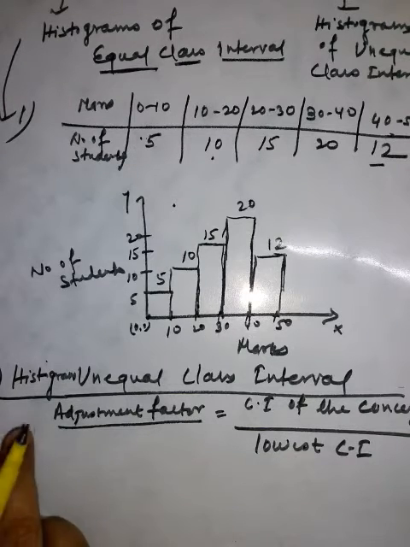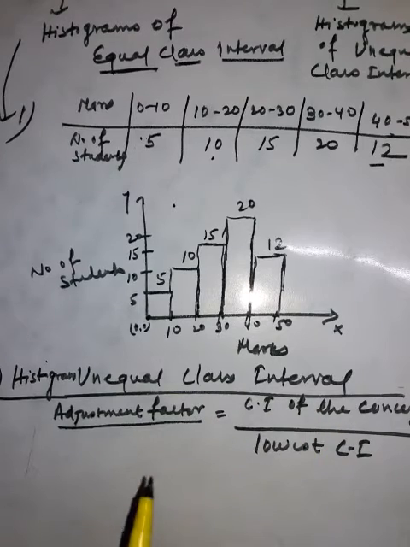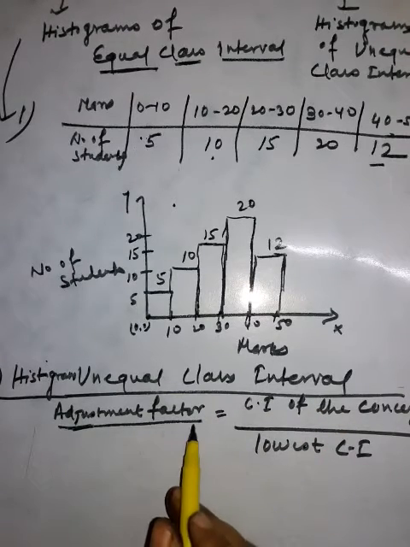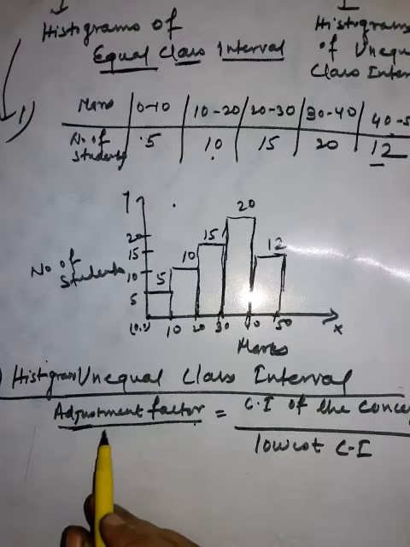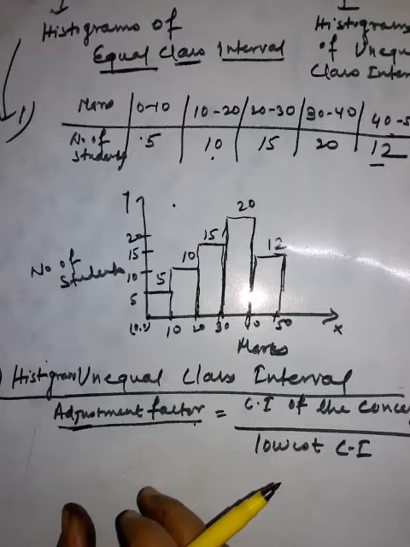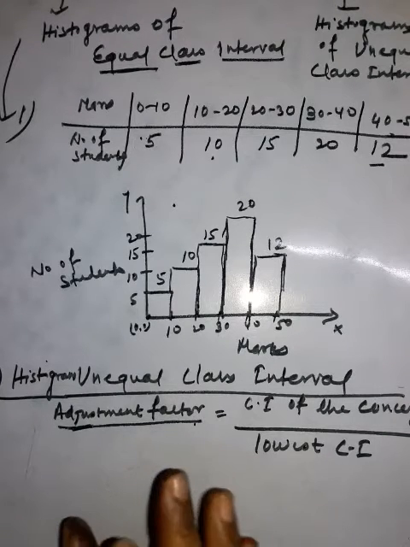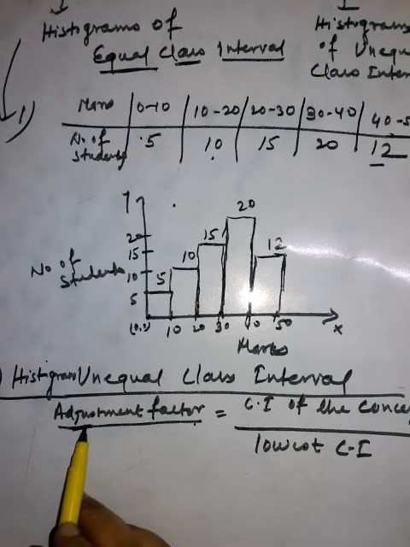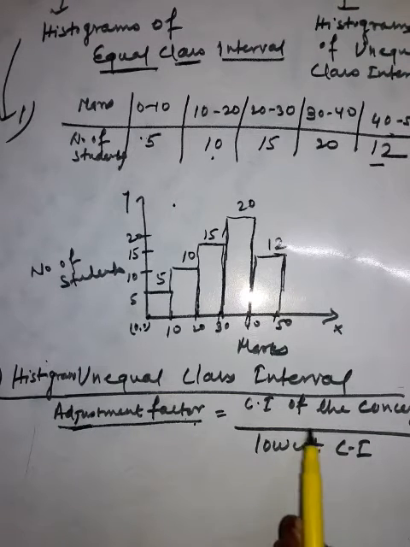If you have to draw a histogram of unequal class interval, first you have to find out the adjustment factor of those classes where there is unequal class interval. I will explain it with the help of an example.